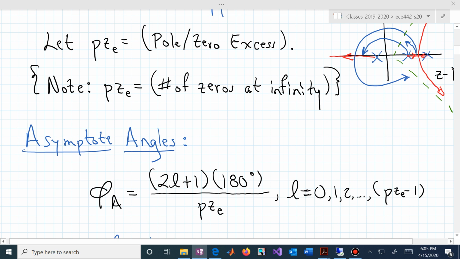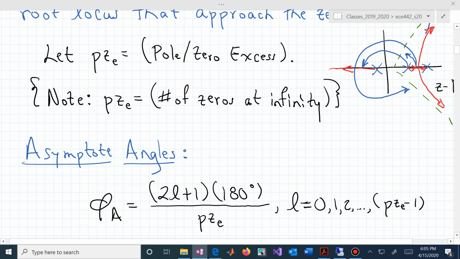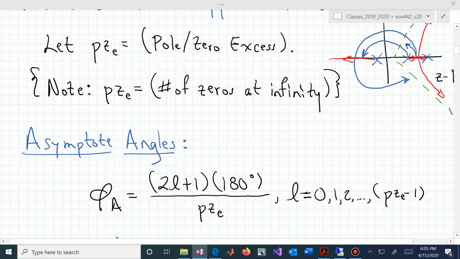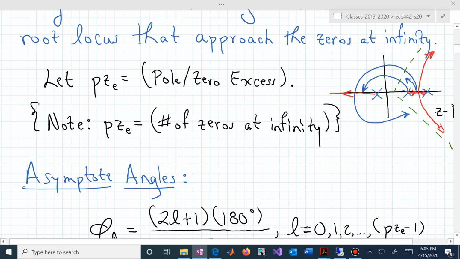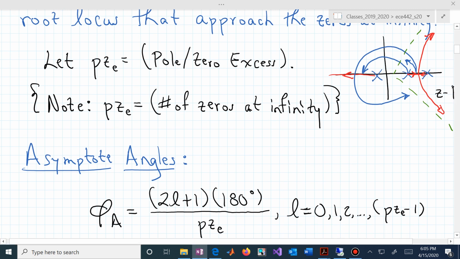The next one is 60 times 2 plus 1, or 3. That's 180 degrees. And finally, we have L equal to 2. We now have 5 times 60, or 300 degrees, which makes sense because that's now 60 degrees below 0, or 360 degrees. So in this case, when we had 3 poles, no finite zeros, we have asymptote angles of 60, 180, and 300.